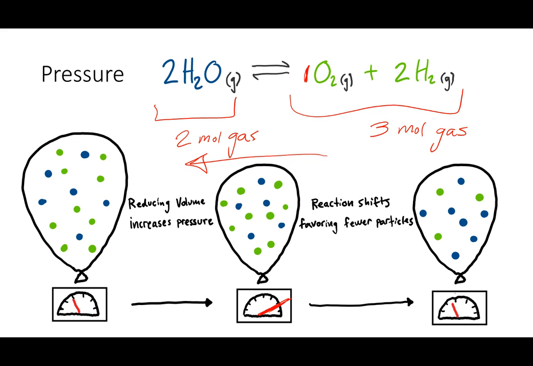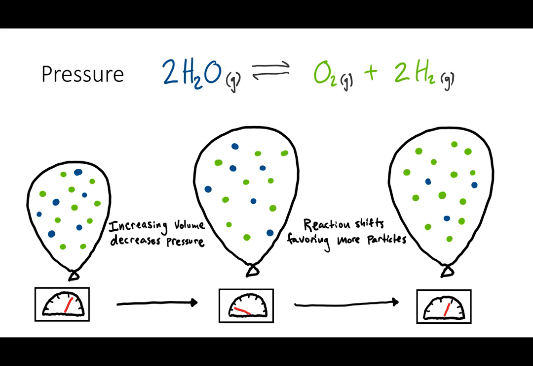And you can see that by the relative number of blue versus green. And it returns the system back to where it originally was, right? This pressure is about the same, even though the volume changed. It's kind of a neat idea. Let's look at another example. This is the opposite. Increasing the volume would decrease the pressure within the balloon, correct? So we have an initial pressure here.